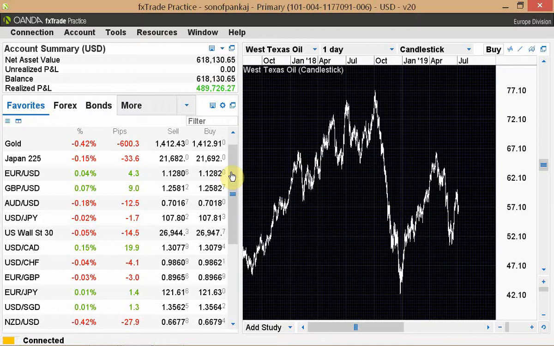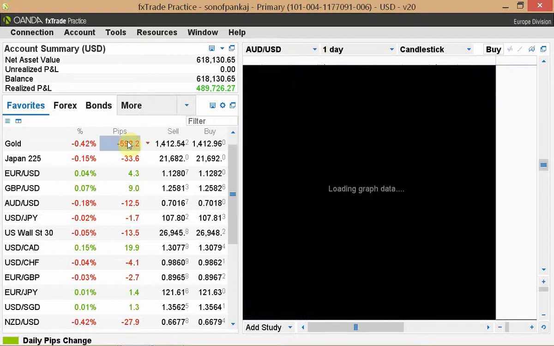That's why this exchange rate came to be known as cable. Aussie is another case with this quoting convention.